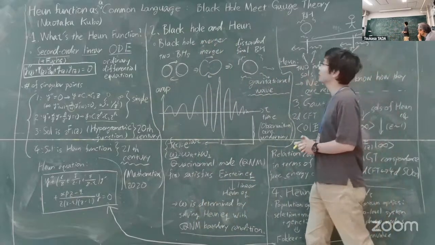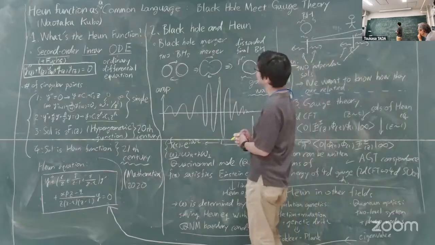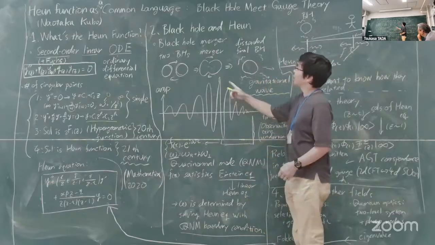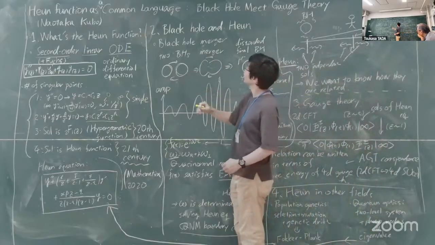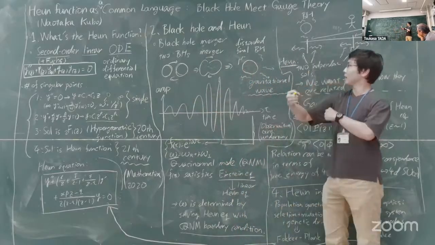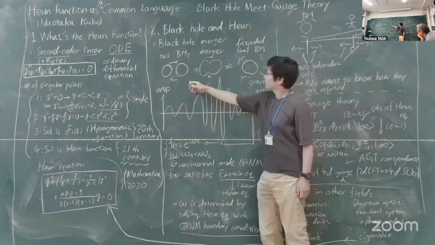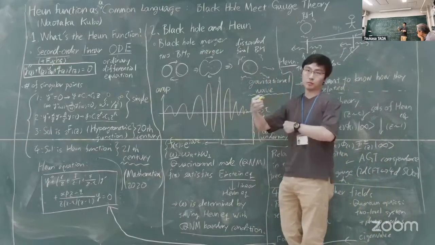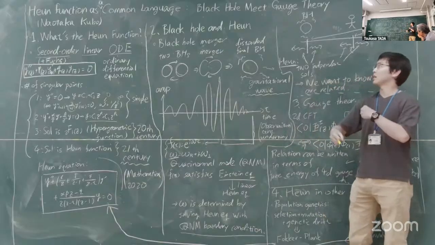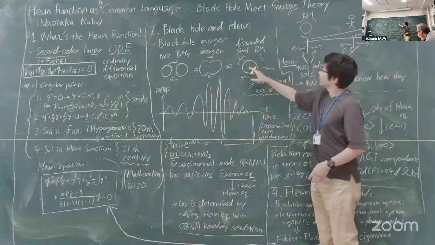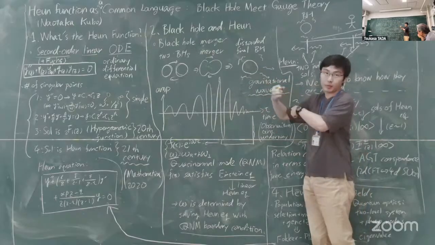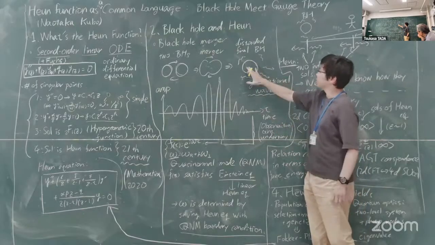So why? Let us consider the black hole merger. In the first step, we have two black holes, and then they merge, and finally they become a single black hole.